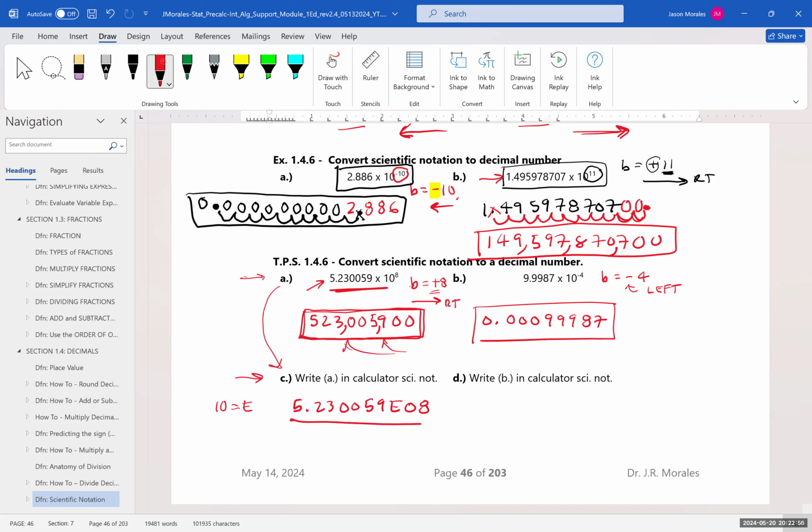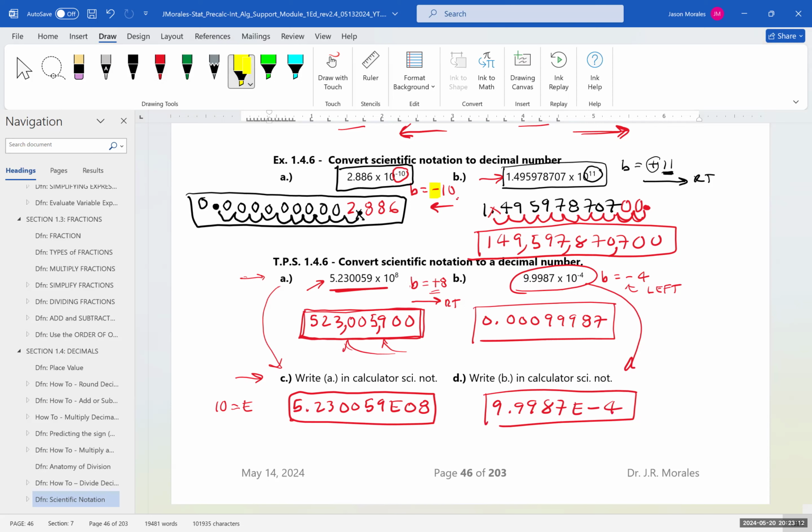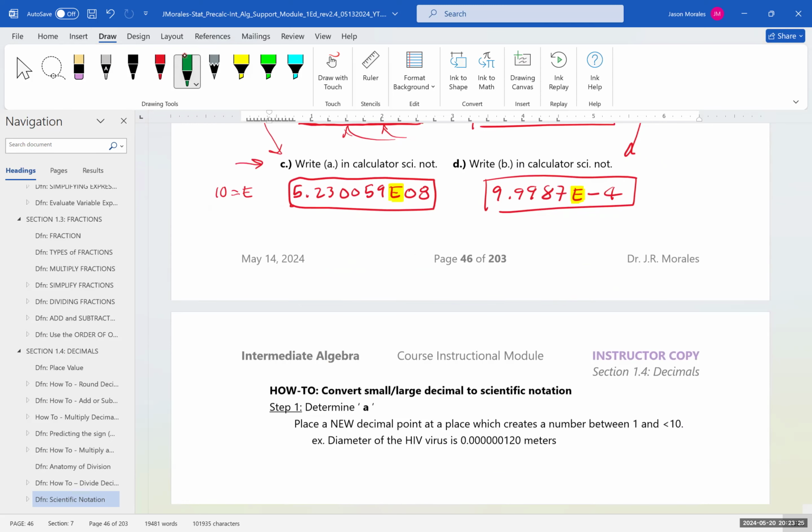And this scientific notation number would look something like 9.9987 E -4, probably something like that. So you can see in lieu of 10, we've got this capital letter E. All right. So let's move on to the next section.